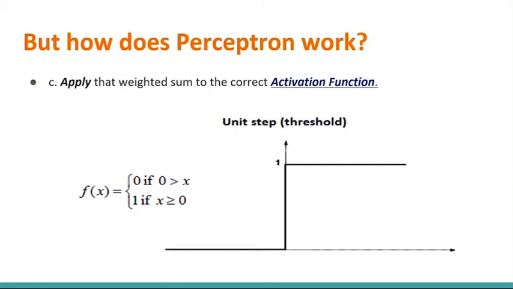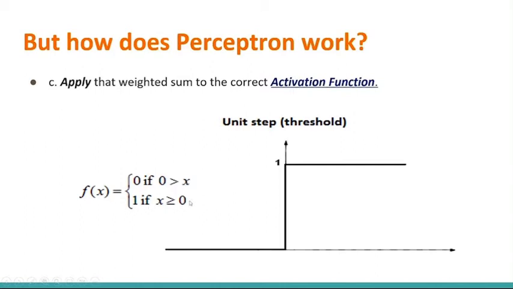Now in the activation function, when you apply that weighted sum to the activation function, f of s can be equal to 0 or 1. Don't forget, we're talking about something categorical. The condition for f of s to be equal to 0 is that s has to be less than 0, meaning negative.